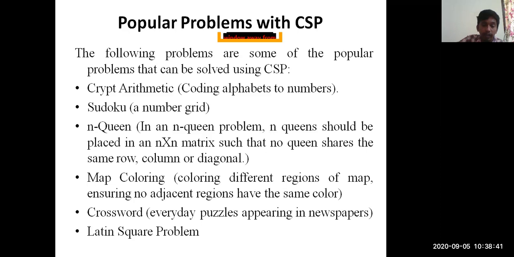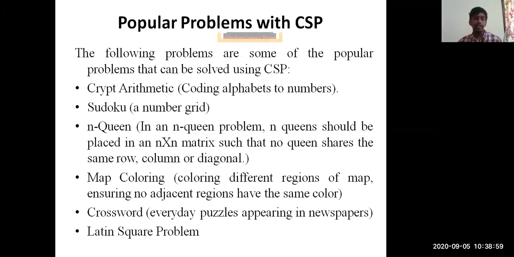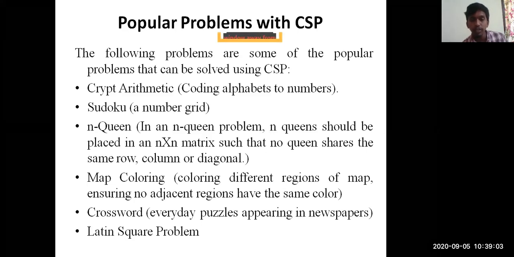And you will also have the crossword puzzle problem, which you see in English newspapers or any newspapers. You try to solve this in real life, but as a computer science person you need to understand how these problems can be solved with respect to your algorithm, and how this can lead to a proper solution.